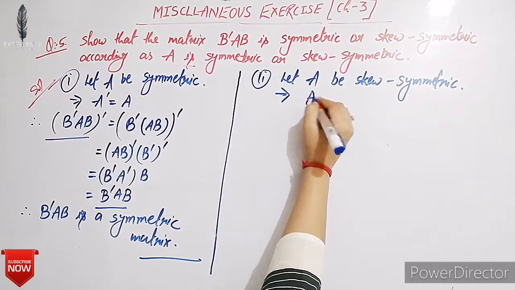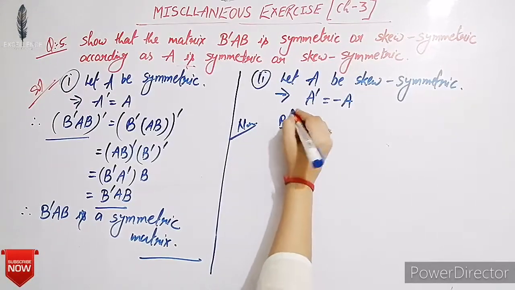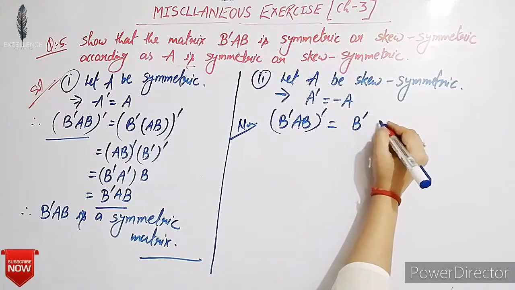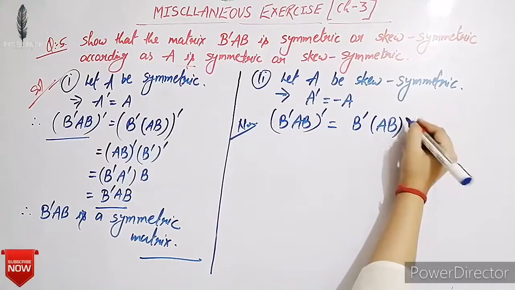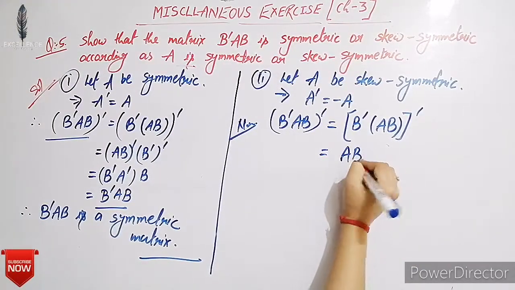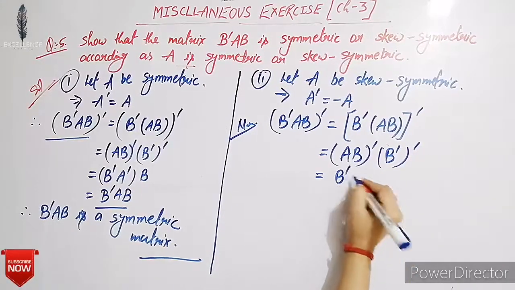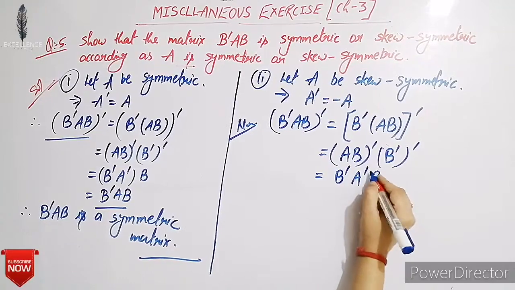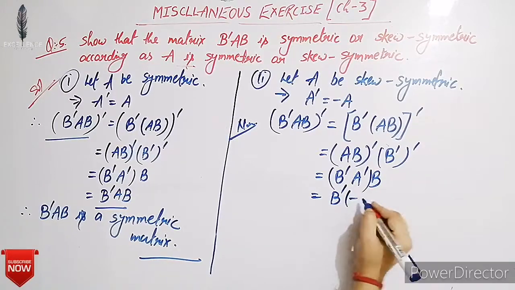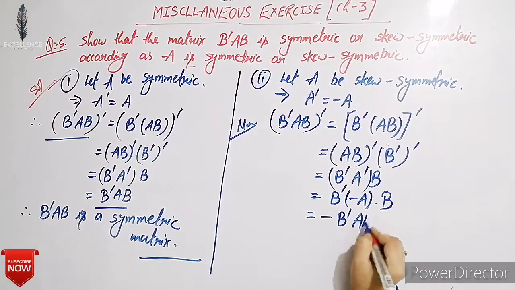Now second case, here A is skew symmetric, so A' equals minus A. Now (B'AB)' equals B'(AB)' that is equals to (AB)'B'', that is B'A'B. Here A' equals minus A, so it is B' into minus A into B, that is equals to minus B'AB.